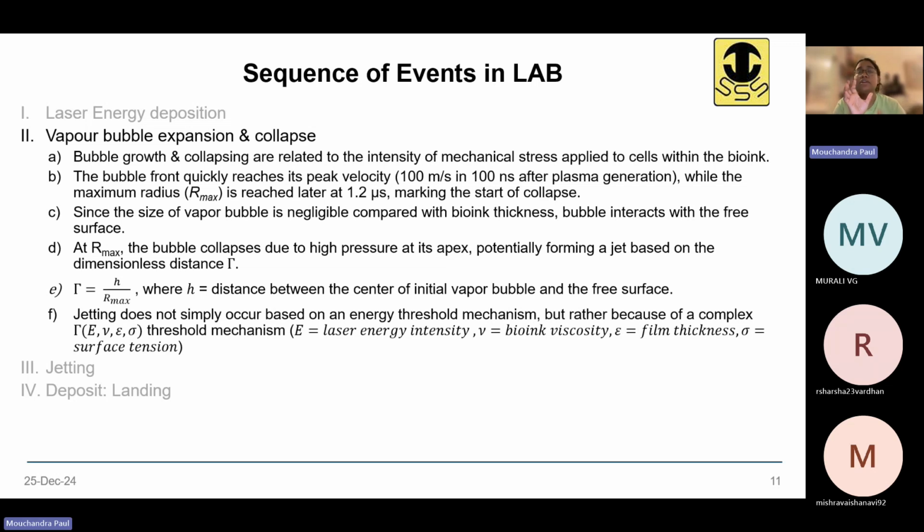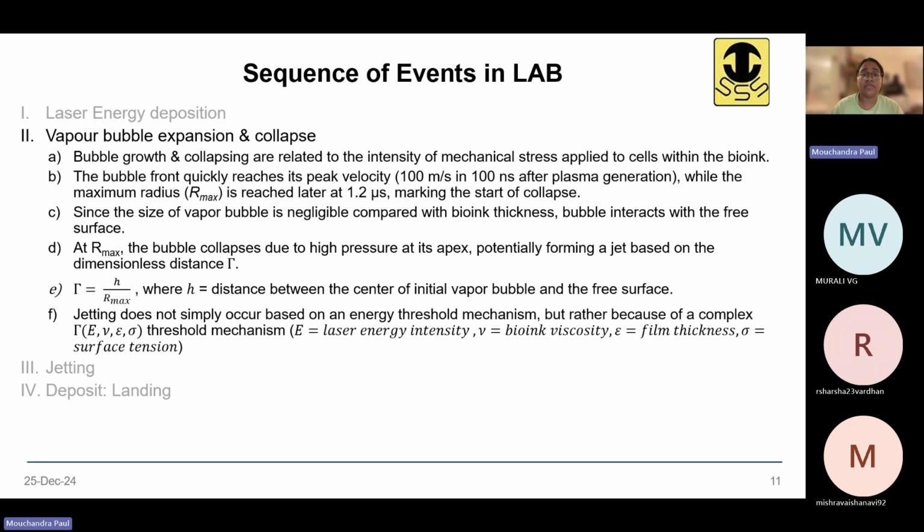The bubble that is growing, at some radius, it will collapse. That radius is called R max here. If we put some numbers to understand the process, people have calculated that the bubble front, basically the apex, the tip of the bubble, can quickly grow at some velocity like 100 meters per second.